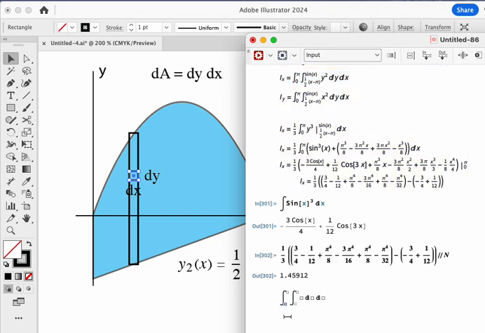I'm integrating from 0 to pi and from 1/2 of x minus pi to sine of x of y squared dy dx.